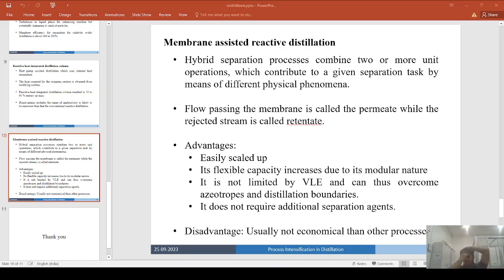In contrast to distillation, the membrane separation is not limited by the vapor-liquid equilibrium and can thus overcome azeotropes and distillation boundaries. So this is one of the biggest advantages, that you can perform azeotropic separation by basically combining the membrane separation and the distillation process both.